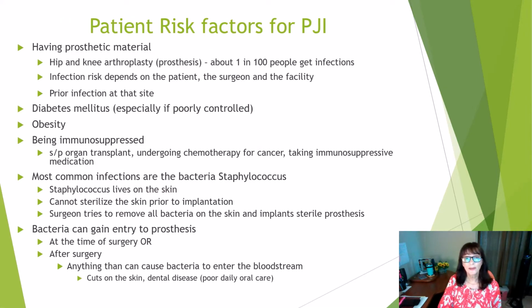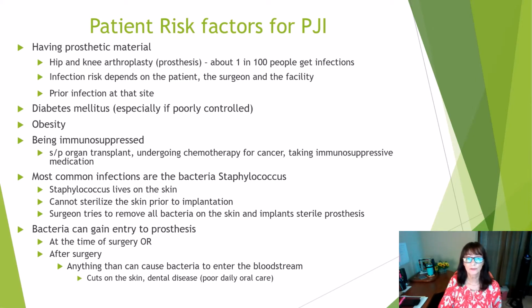So your risk factor, just having the prosthetic material increases your risk of infection. About 1 in 100 people get an infection that have a total hip or a total knee. Of course, this infection is going to depend upon the patient, the hospital, and the surgeon, and that includes whether or not you've had a prior infection at that site.